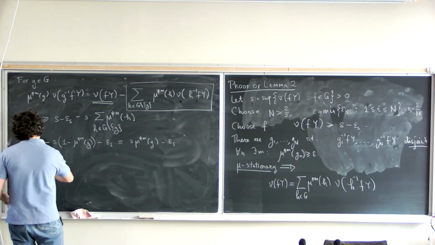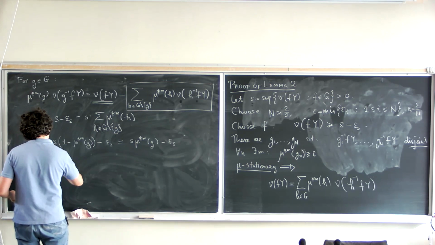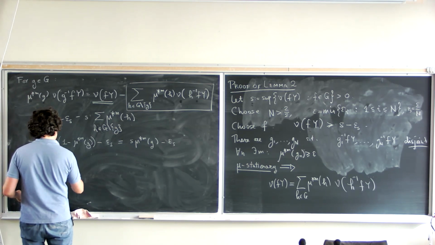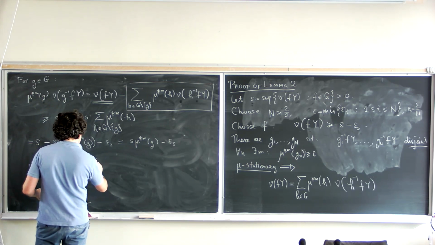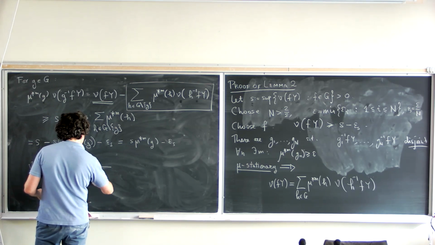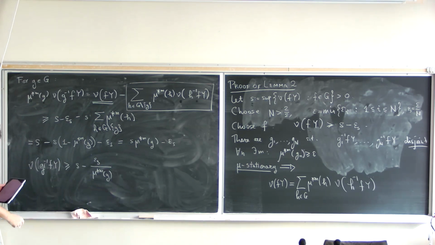So we get that nu of G inverse Fy is at least (S minus epsilon S) over mu star m of G. Okay.